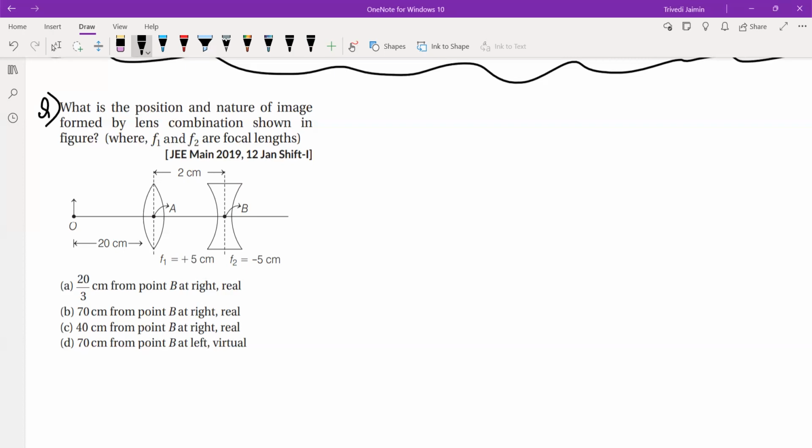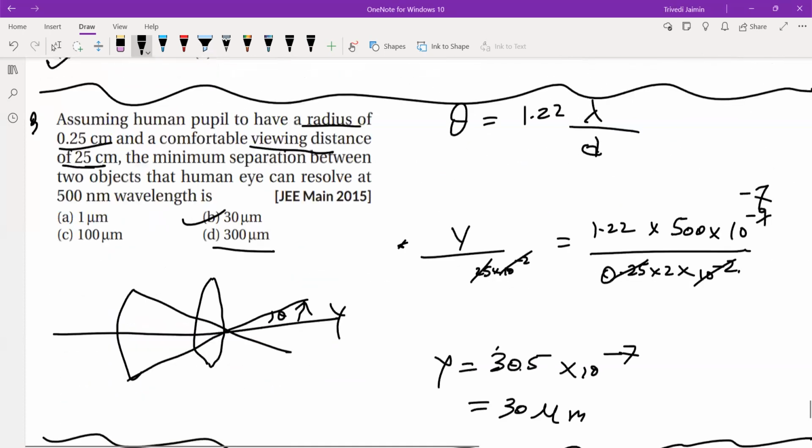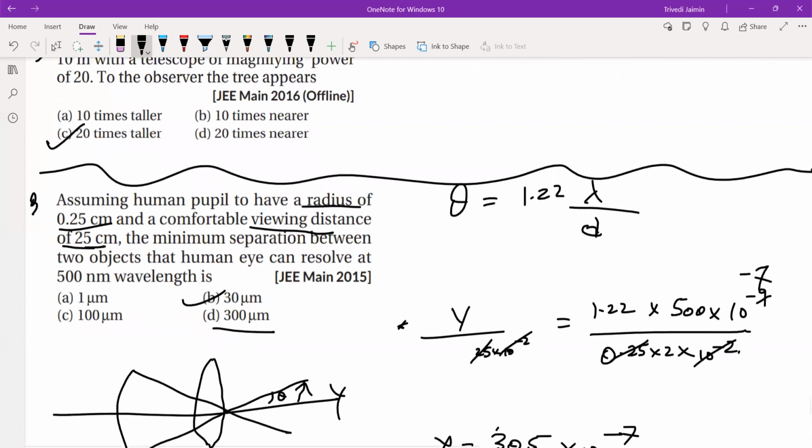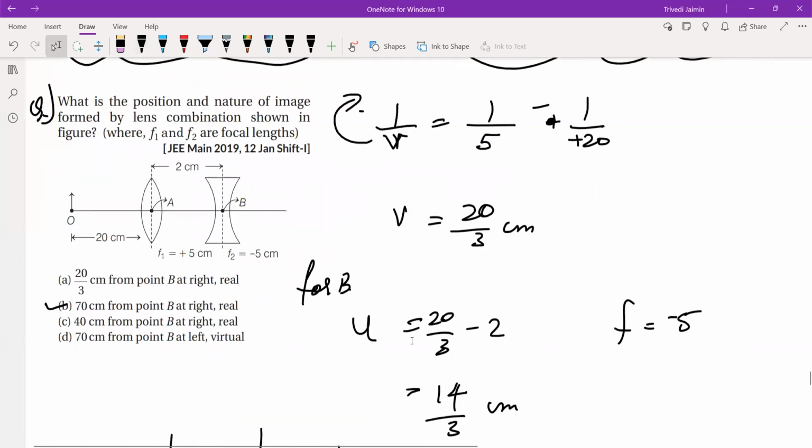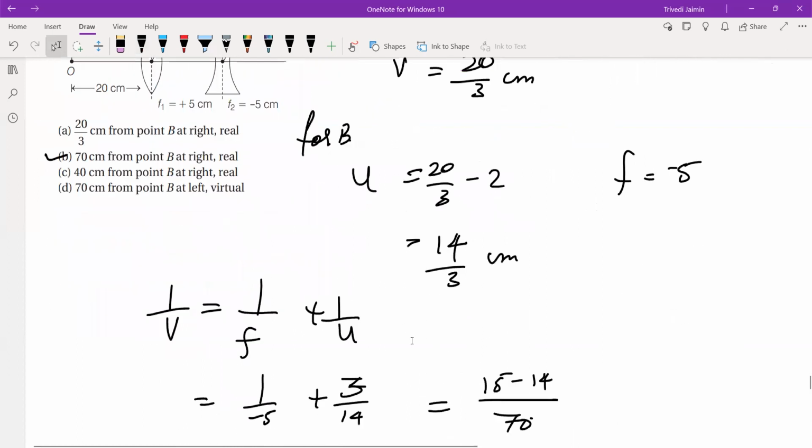I guess these values we know. We have done this question, haven't we? Yeah, see, same question, no?